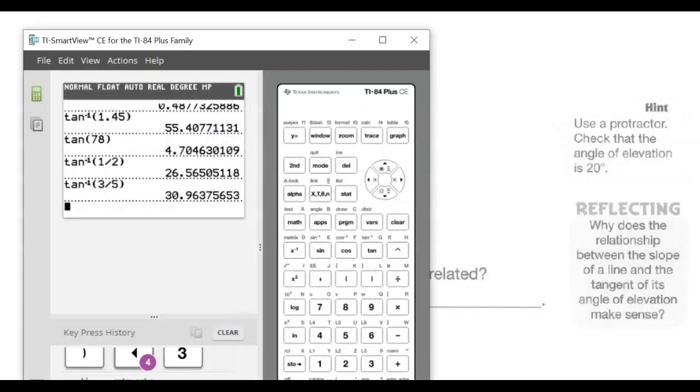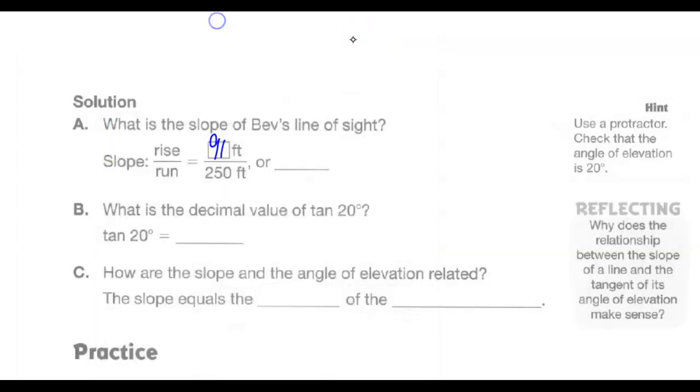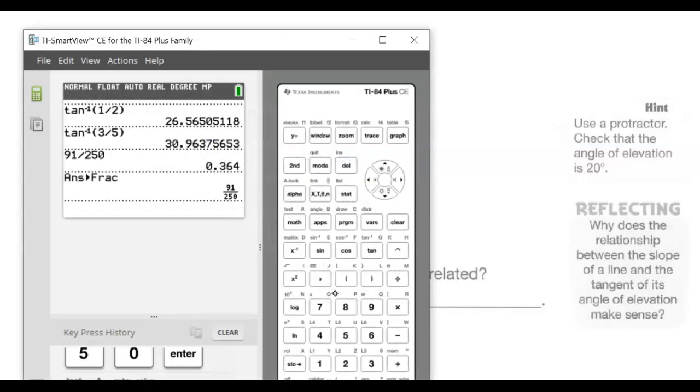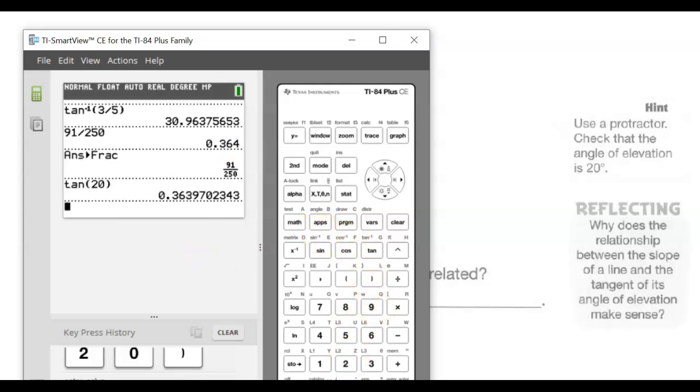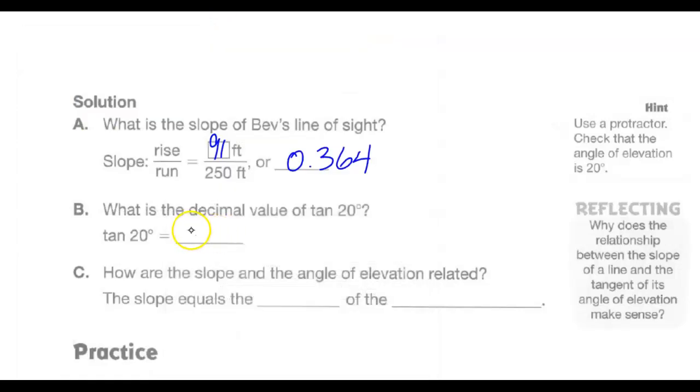Let's convert it to decimal form so that we can compare it a little bit easier. What is the decimal value of tan of 20? So tan of 20 is 0.36, and it rounds to 4.